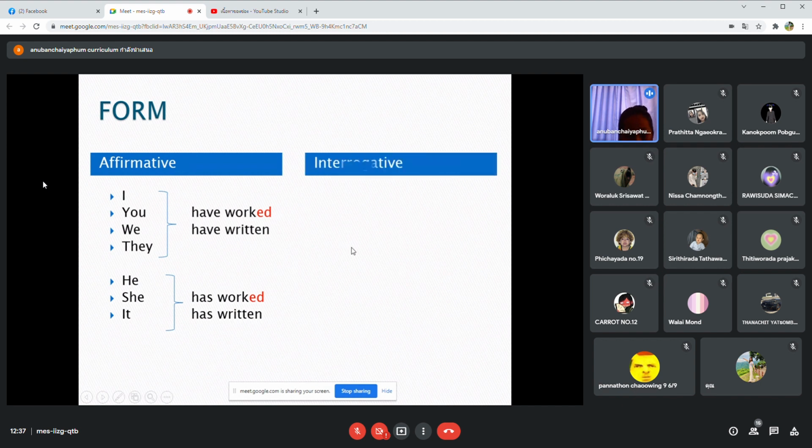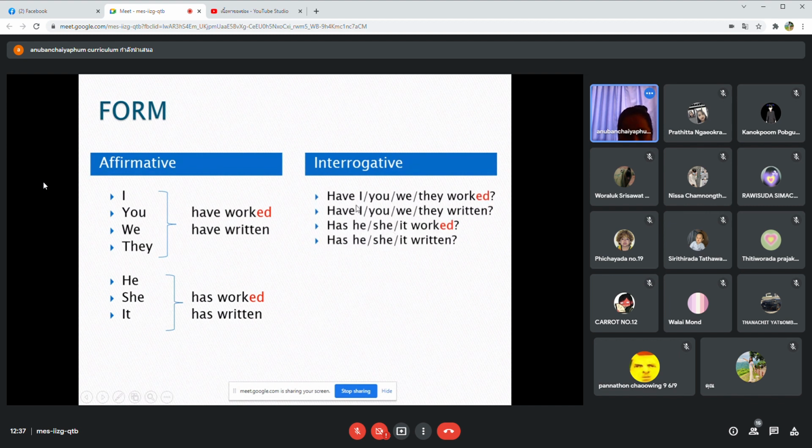Now we also have another form of present perfect tense, and that is interrogative. This is how you can make a sentence using the interrogative form of a present perfect tense. Instead of starting with the subject I, you start with has or have, depending on your subject. For example, here the sentence is I have worked.